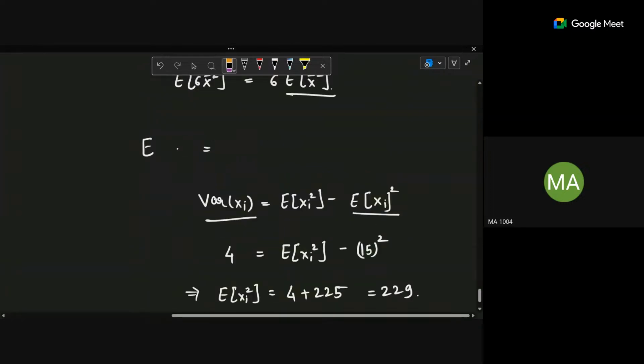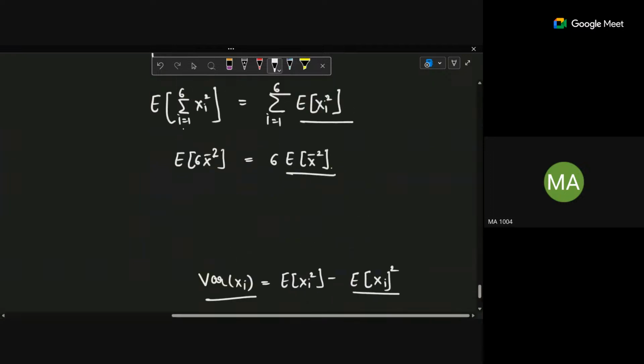Is it getting too complicated? See, we were finding expectation of xi square. This value we don't know, so I just used the variance formula.